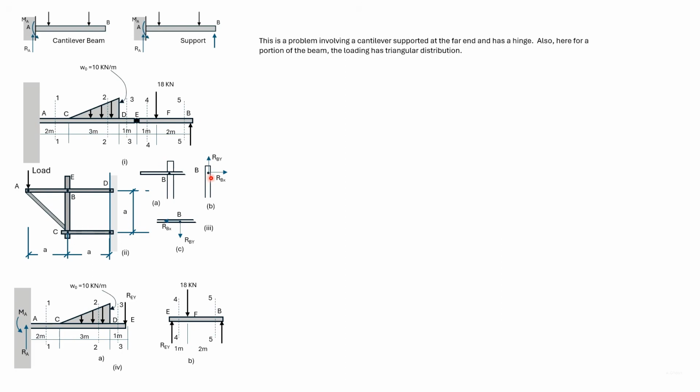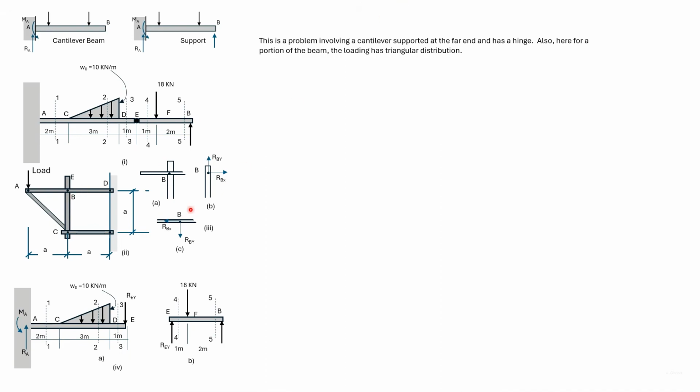Here the force acting on the member ECB due to the pin at B is shown, and we have taken the direction of RBY and RBX arbitrarily. Now, since the forces that these two members exert on the pin are equal and opposite, the forces that the pin in turn exerts on these two members have to be equal and opposite as well.